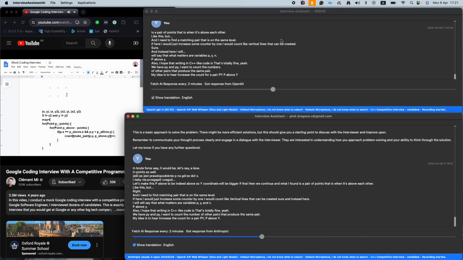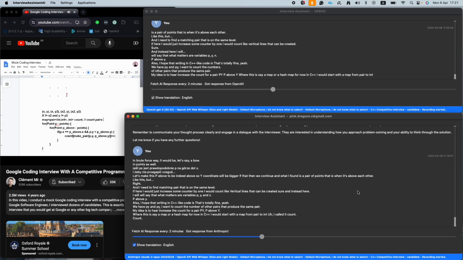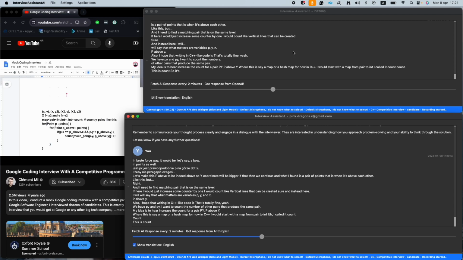For now, in C++, I would start with a map from pair to int. I called it count. This is the count of pairs like this, with this y and this y coordinate. Kind of counting vertical lines.